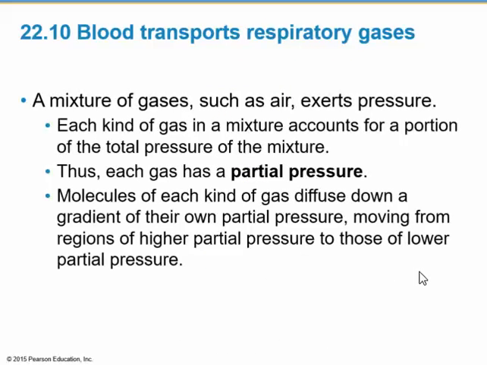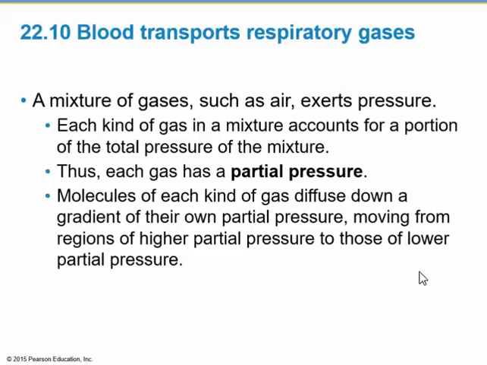Now, a mixture of gases, such as air, exerts pressure, and air pressure at sea level is about 14.7 pounds per square inch. And each gas contributes its own partial pressure, and the sum of the partial pressures adds up to the 14.7 pounds per square inch, with nitrogen, by the way, contributing more of the punch than oxygen.